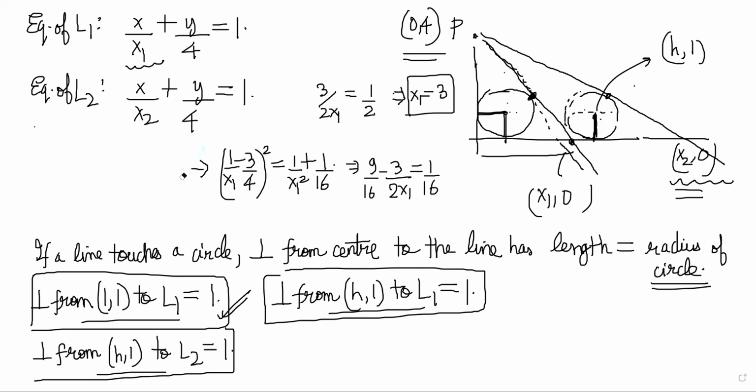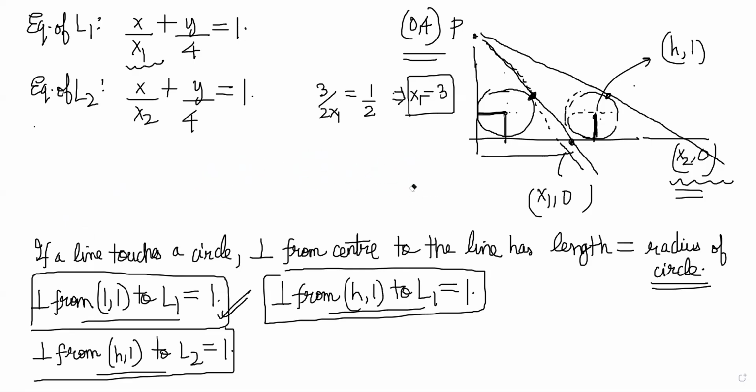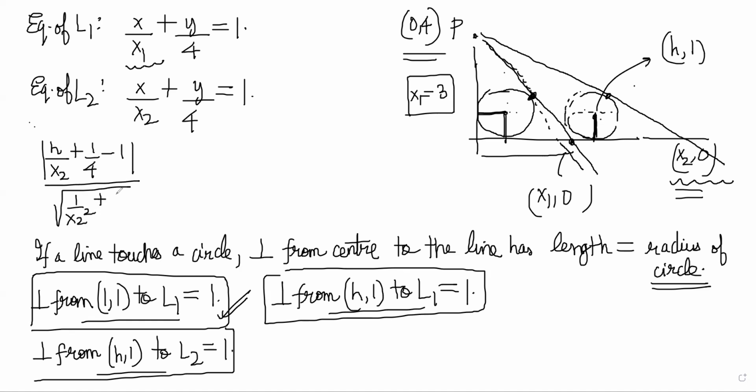Now what we will do is take the perpendicular from (h, 1), which is the center of the second circle, to line L2, which is going to have length 1, right? So let's do the perpendicular from (h, 1). We will say |h/x2 + 1/4 - 1| divided by sqrt(1/x2² + 1/16) is equal to 1.